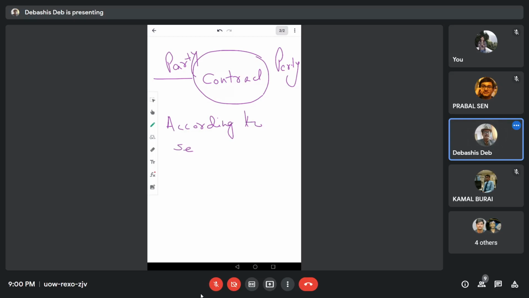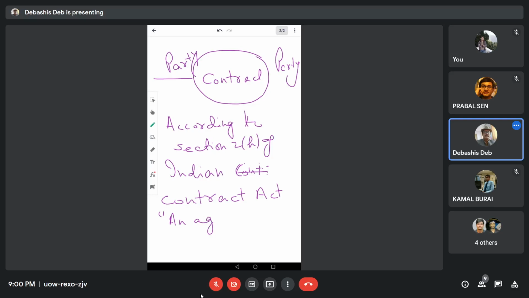According to Section 2(h) of the Indian Contract Act, an agreement enforceable by law is a contract.